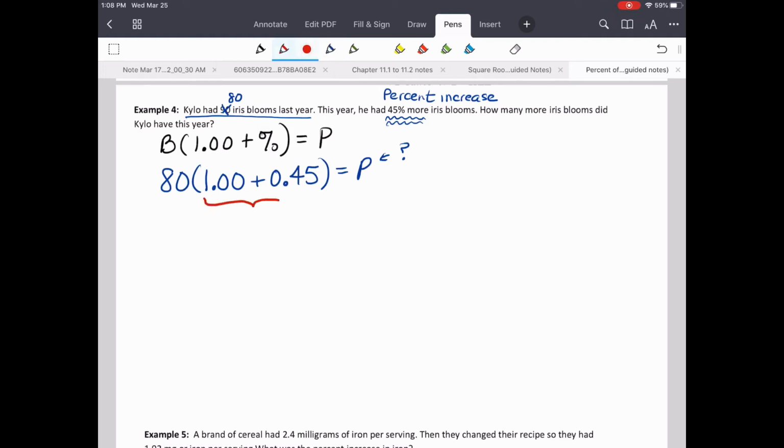And just like on the previous problem, we can go ahead and just do that part. 1 plus 0.45. So that's easy math right there. You got 1.45. And now it's just a matter of doing 80 times 1.45.